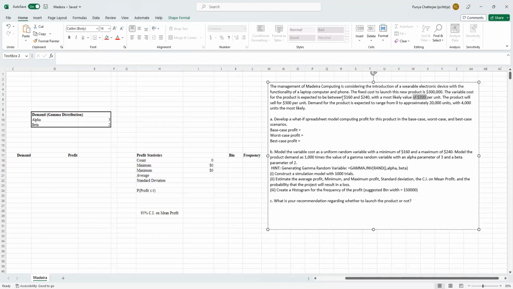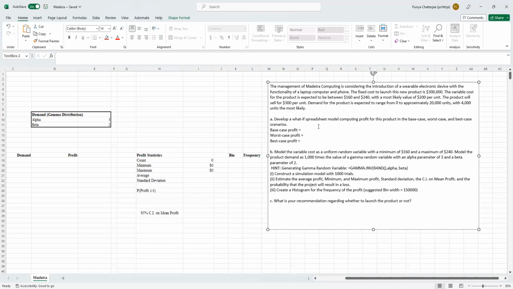Again, we don't know exactly what it is, but we know that it's going to be between these two values, with the most likely value of $200 per unit. And the demand for the product is expected to range from 0 to 20,000 units, with a most likely value of 4,000 units.